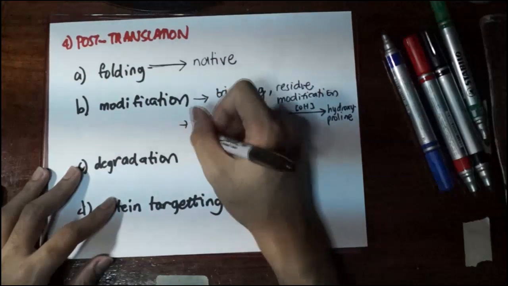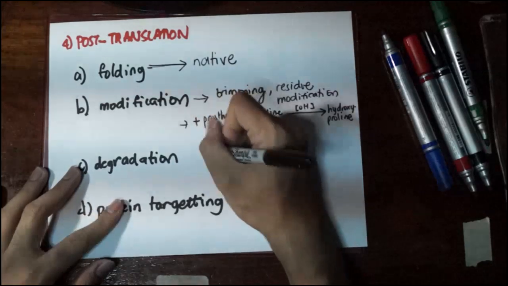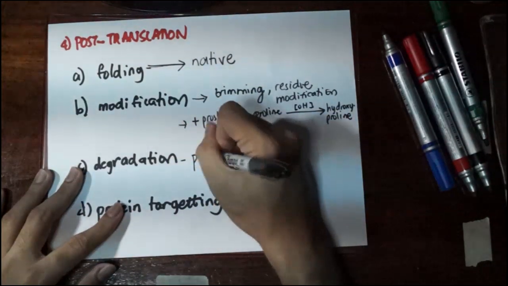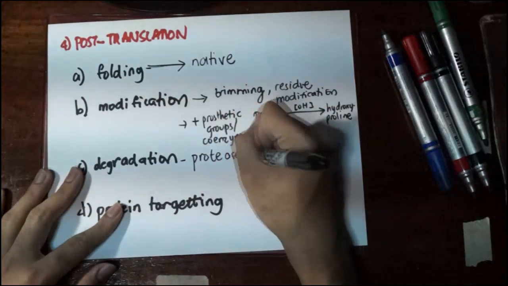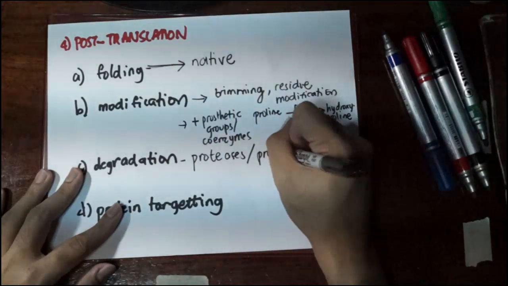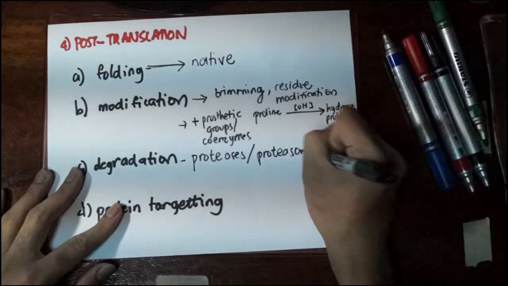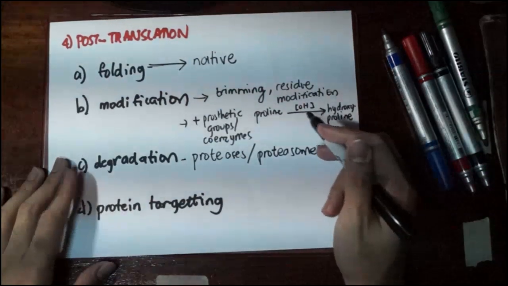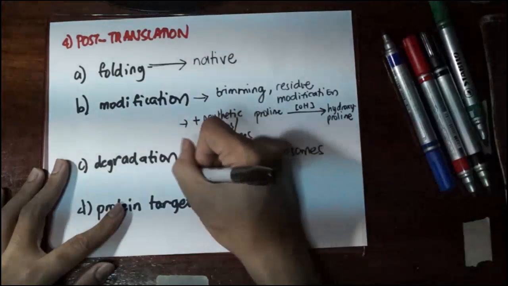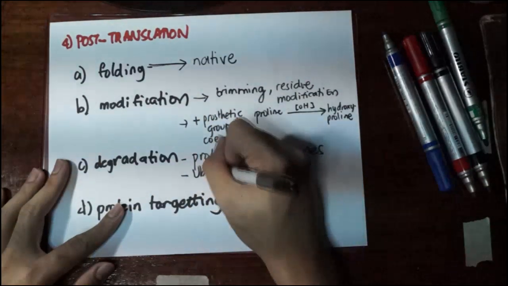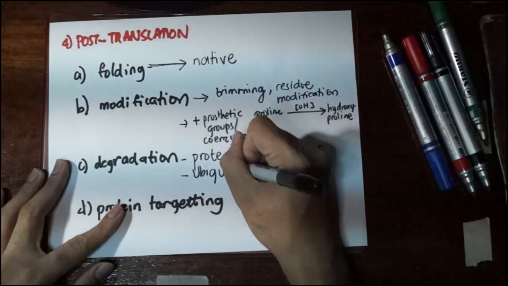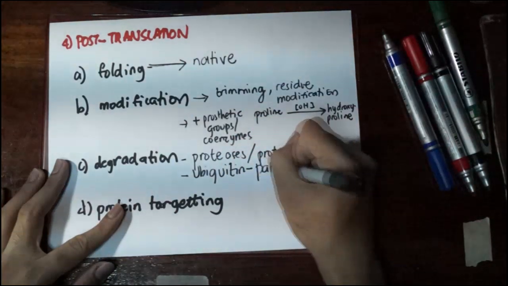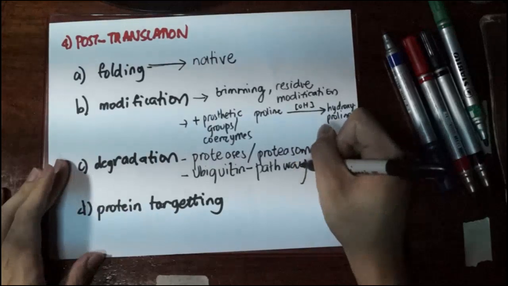For example, the one I have in my reference is basically the proteases or proteasomes to degrade these erring polypeptide chains. And a particular biochemical pathway, for example, is the ubiquitin pathway.